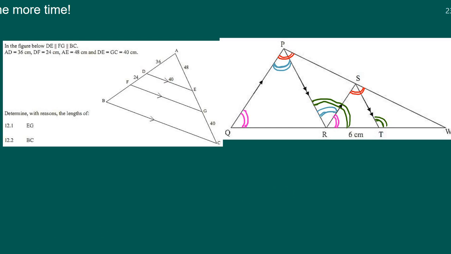P is equal to QRP, this one, which corresponds to WTS.